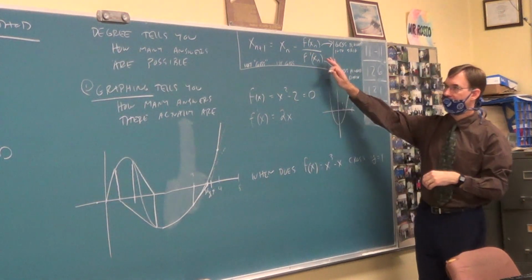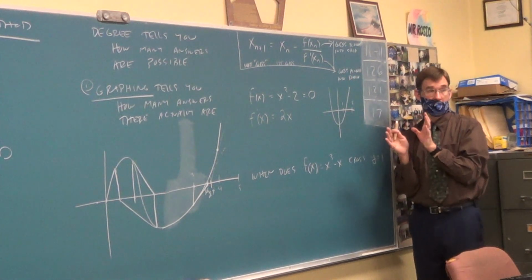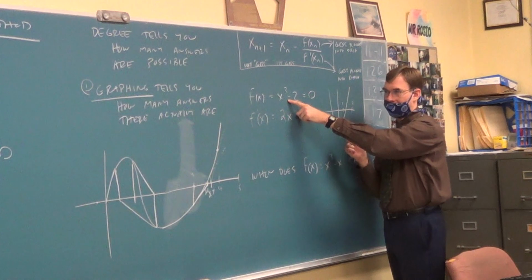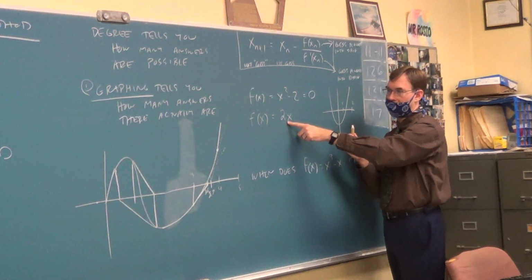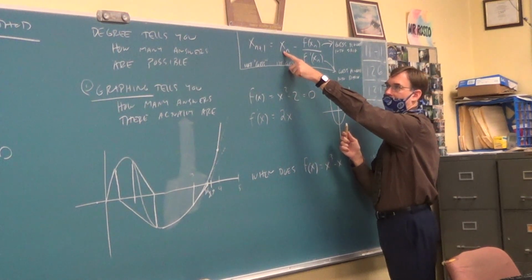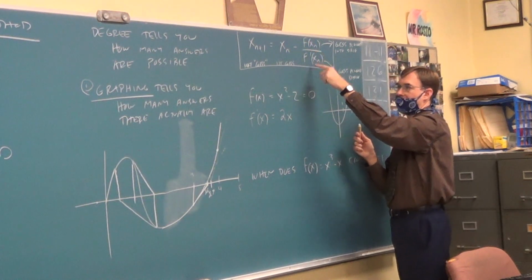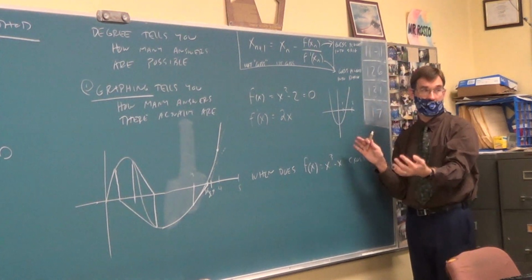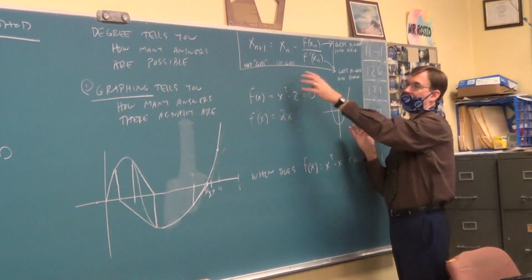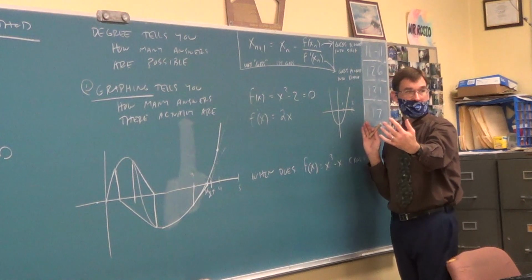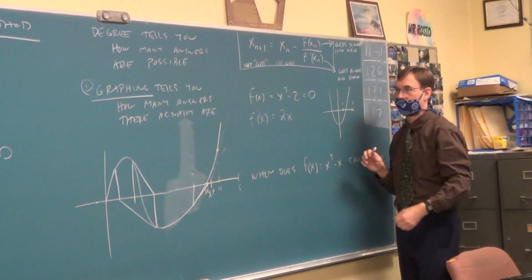The first plug-in is easy, but that usually gives you a weirder decimal. Then you have to plug the weirder decimal into this, and this, and this, decimal minus decimal divided by decimal, and then your decimal gets weirder. And every time you do it, the decimal gets longer and weirder and stranger.